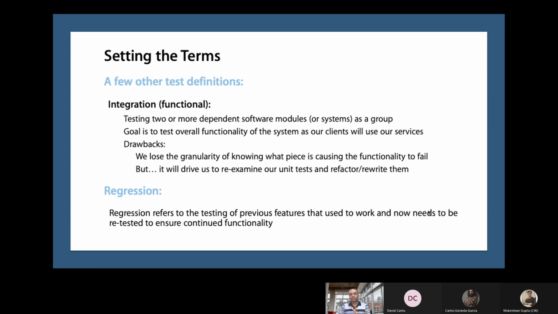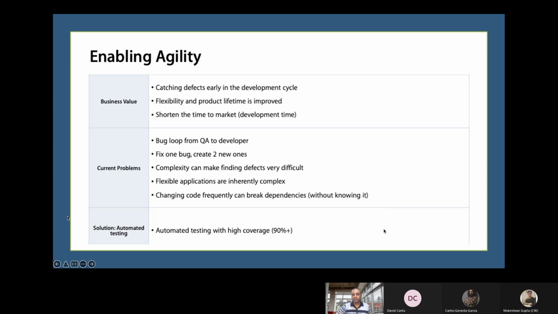Once the developer commits code to the repository and it gets integrated with different modules within the same project or application, we do system testing. Regression testing is again important to see whether, after fixing a bug or implementing a new feature or enhancement, we are not breaking the existing features. Keeping that in mind, agility comes into the picture, so our objective is to enable agility.